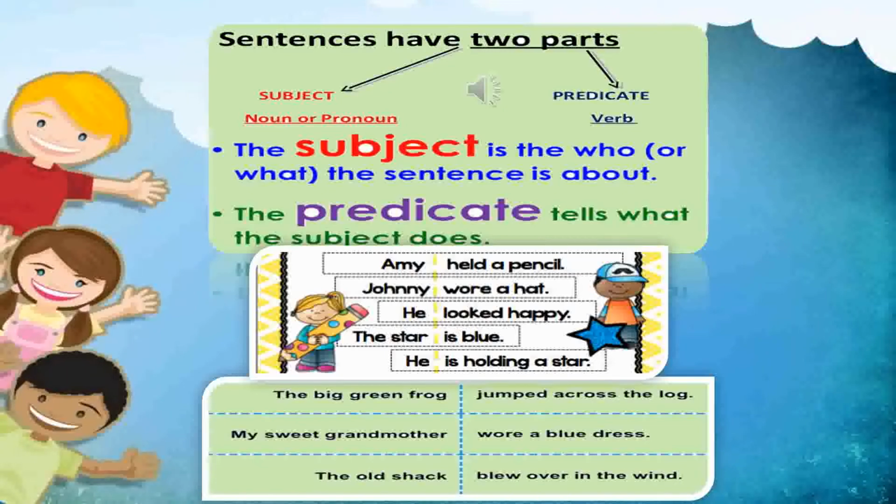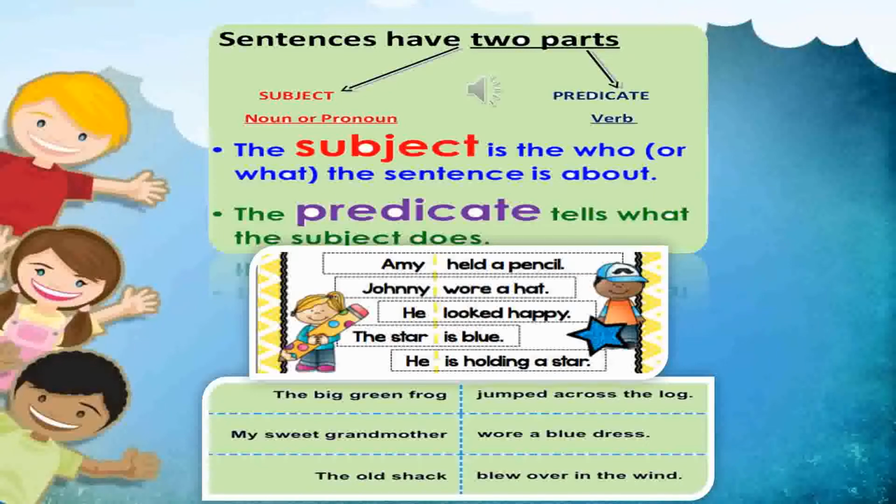So here, the subject is not a single word, it's a group of words. The big green frog is the subject of this sentence. And the predicate starts right from the verb: jumped across the log is the predicate of this sentence.